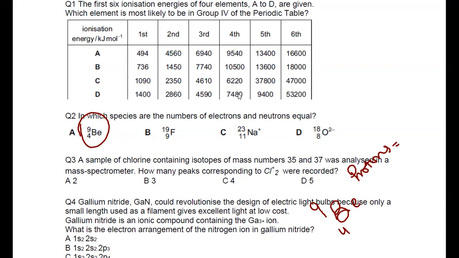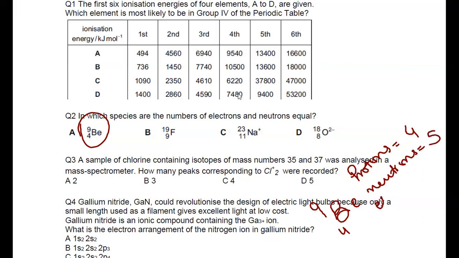Say it again. 9. Khadija, I can't hear you properly. Aruj, can you tell me how many protons do we have in option A? 4. Correct. How many neutrons? 5. Correct. 9 minus 4 is 5.